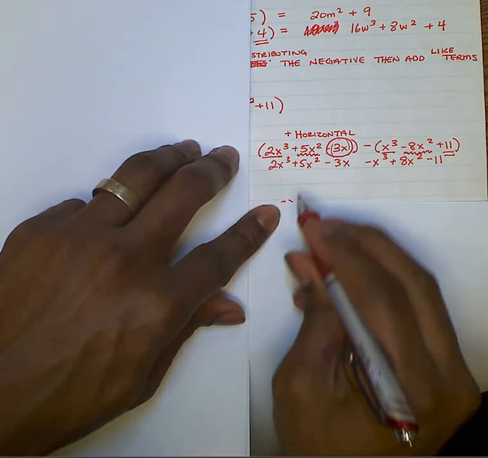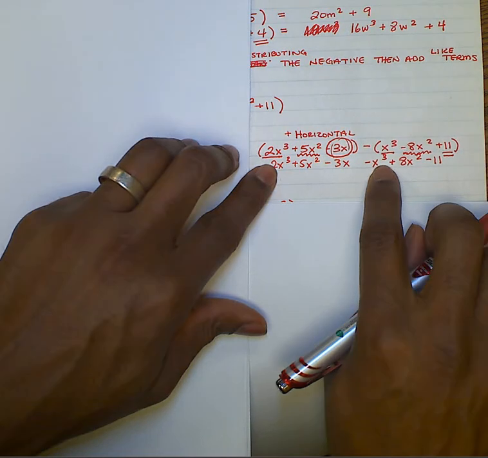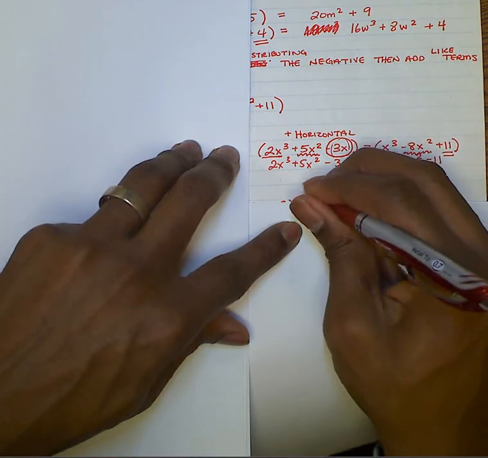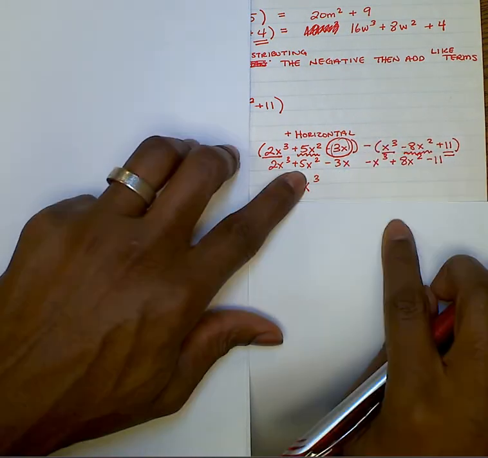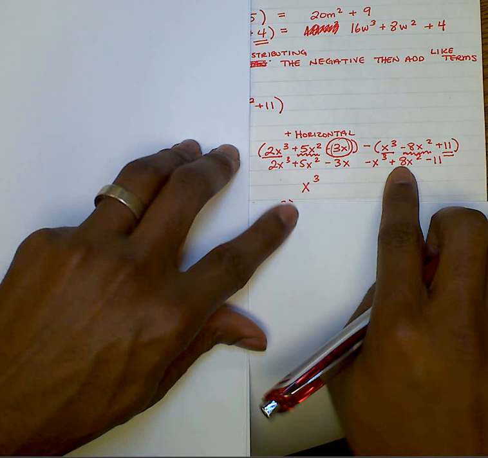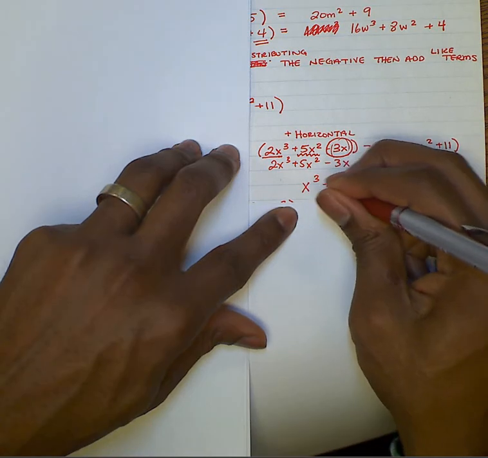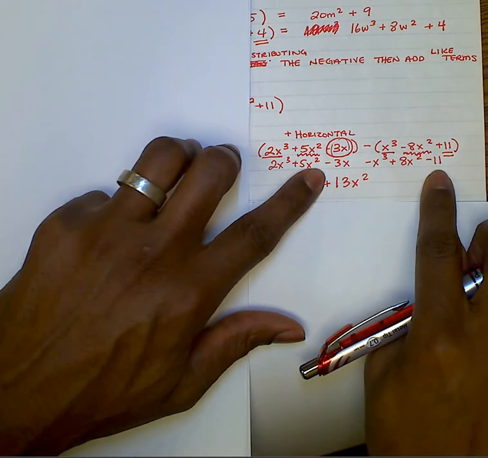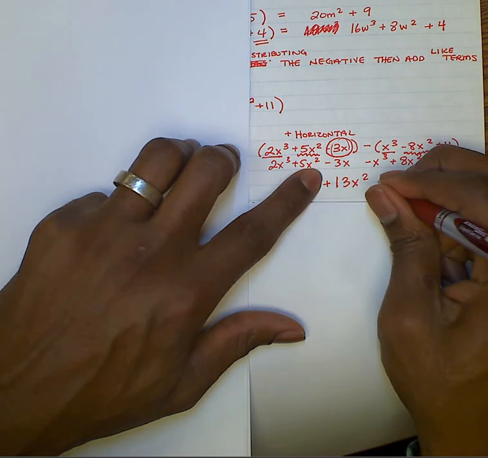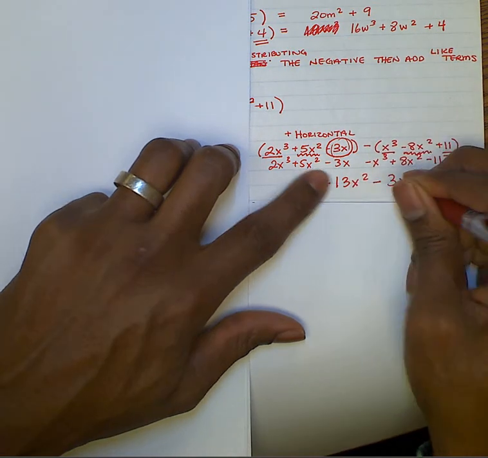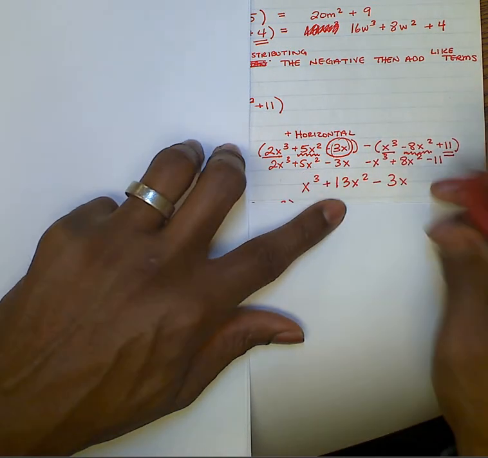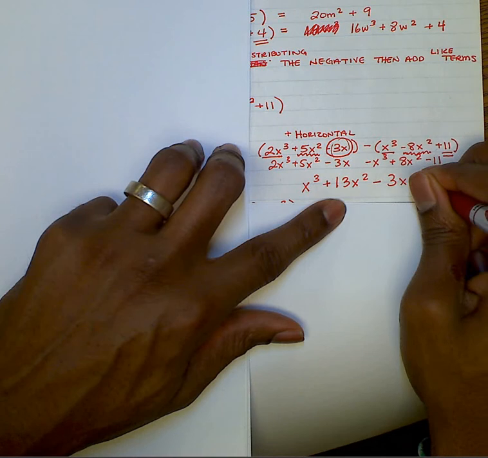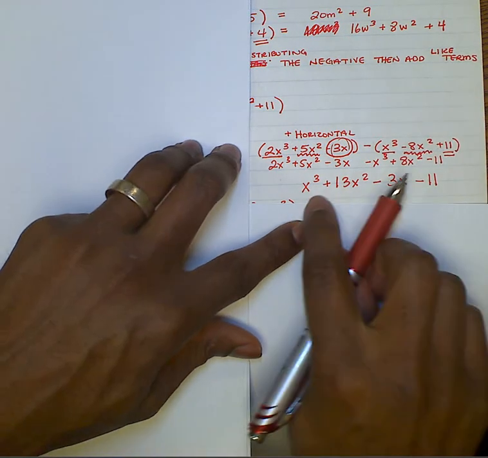Okay, so 2x cubed and negative x cubed, that gives me x cubed. 5x squared plus 8x squared gives me 13x squared. Negative 3x, and nothing over here that goes with it, negative 3x. Negative 11 hasn't been taken care of, minus 11. Okay, and that's our final answer.